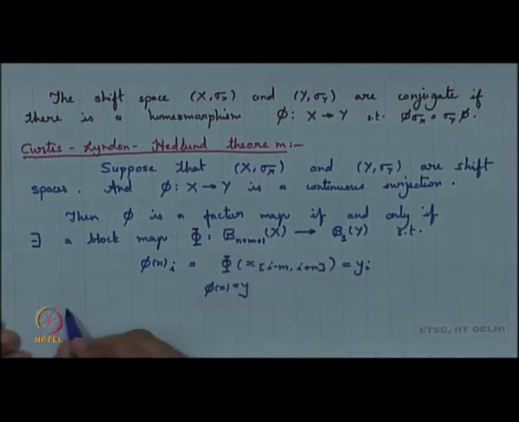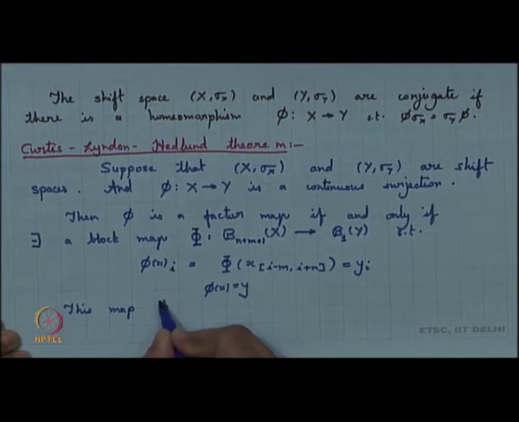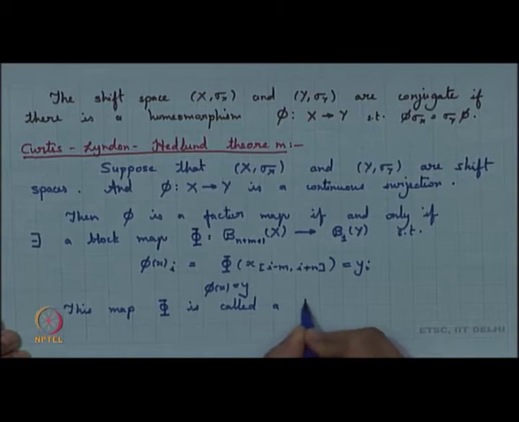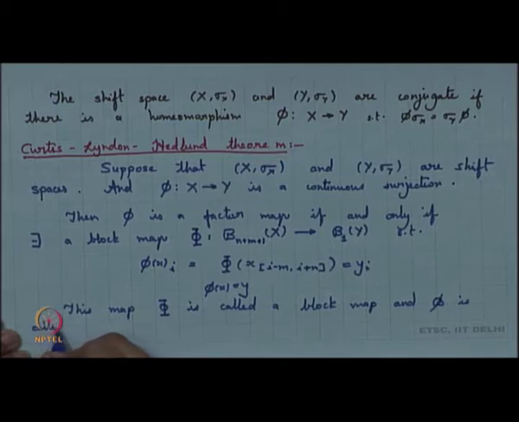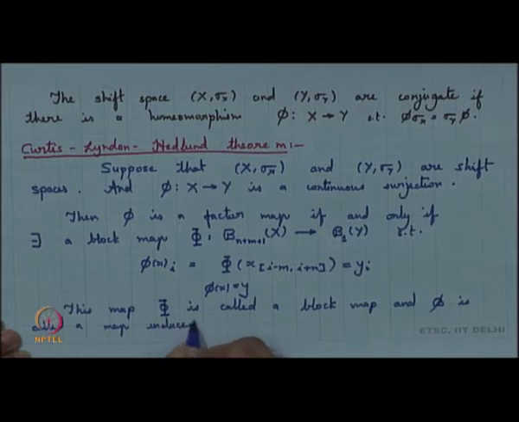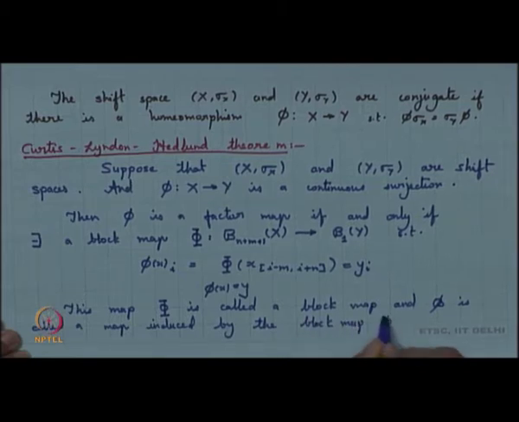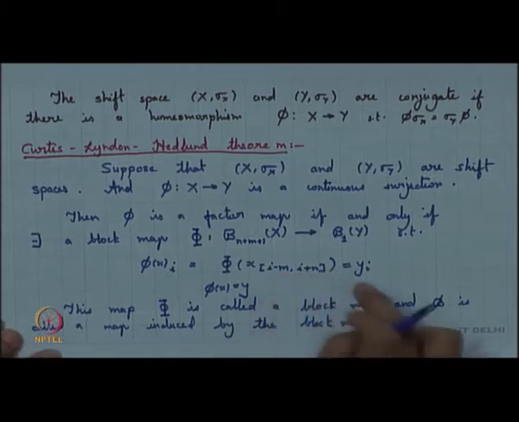So this map Phi, I am calling it capital Phi here, is called a block map, and our map, that is our factor map, is called a map induced by the block map Phi.